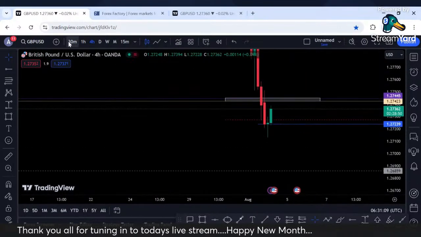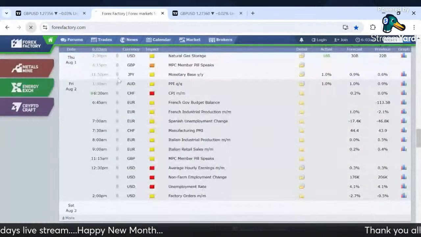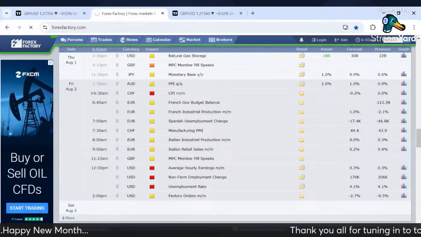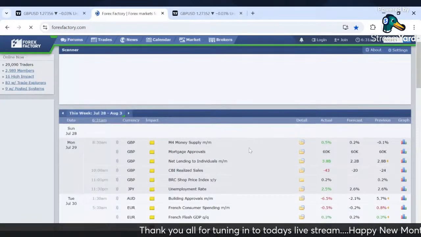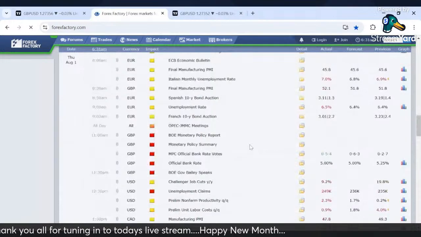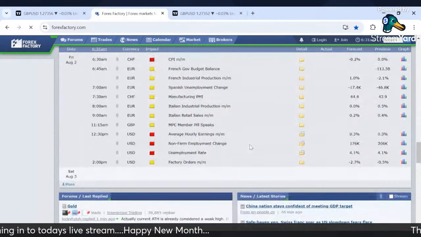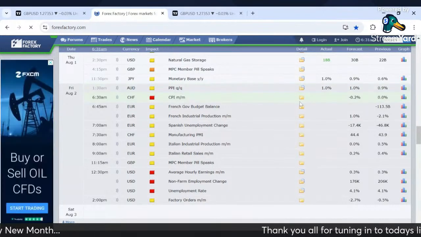The CHF news has been released. Let me check the calendar. It is CPI, which is usually inflation data. If the data comes out positive, if it is good for the economy, someone would ask, why is inflation good for an economy?